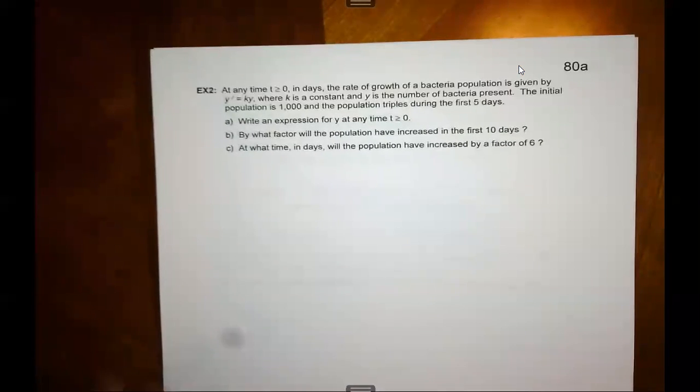So in our second example here, we have a bacteria problem. We did some bacteria problems last year too, but this one says at any time t greater than or equal to 0 in days, because we can't have negative time, the rate of growth of a bacteria population is given by y prime, or the derivative of y, equals ky, where k is the constant and y is the number of bacteria present.